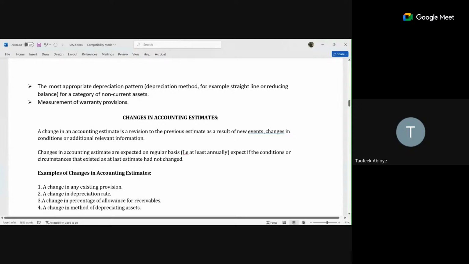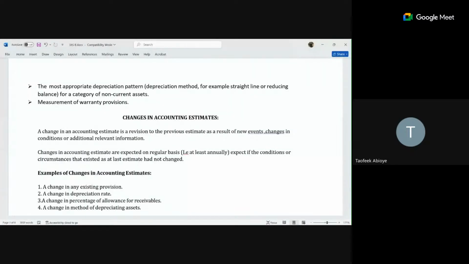A change in accounting estimate is a revision to the previous estimate as a result of new events, change in condition, or additional relevant information. Changes in accounting estimate are expected on a regular basis, at least annually, except if the condition or circumstance that existed at the last estimate had not changed.